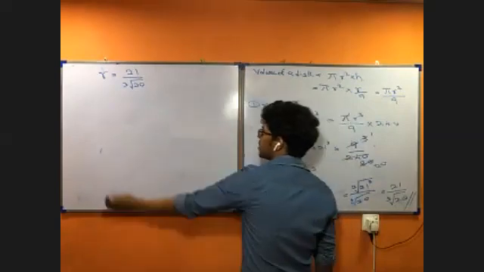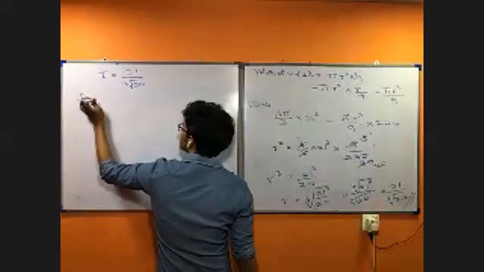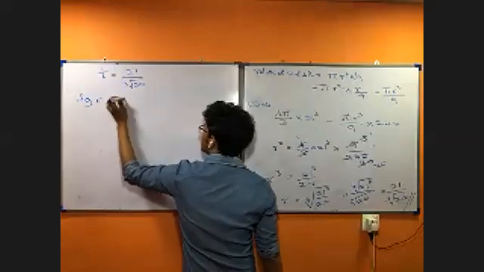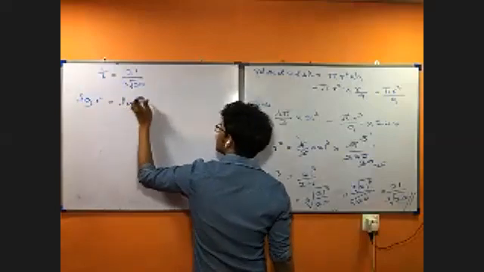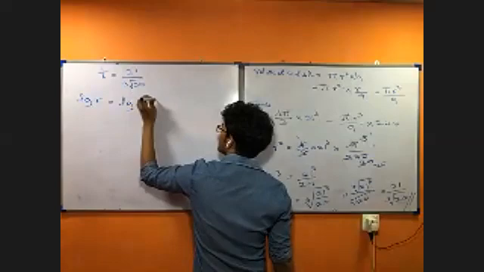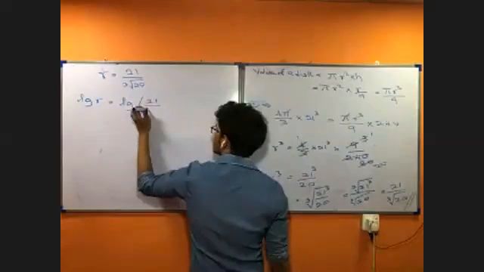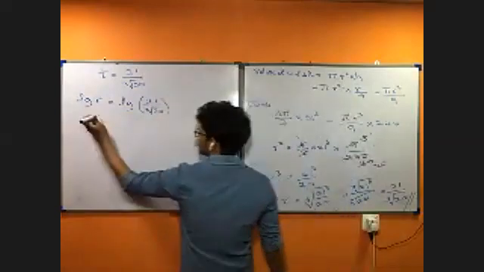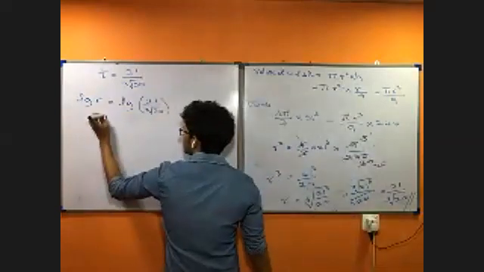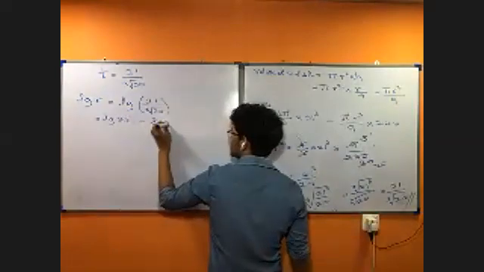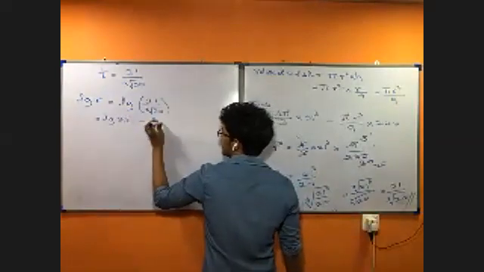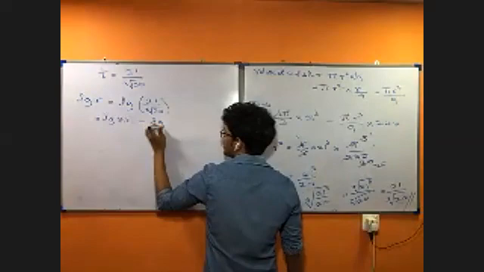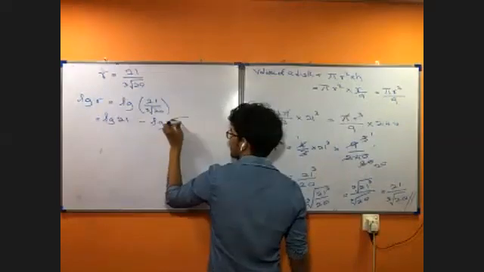Log R is going to be equal to log of 21 over third root of 20. You know division means subtraction. So it's going to be log 21 minus log of third root of 20.